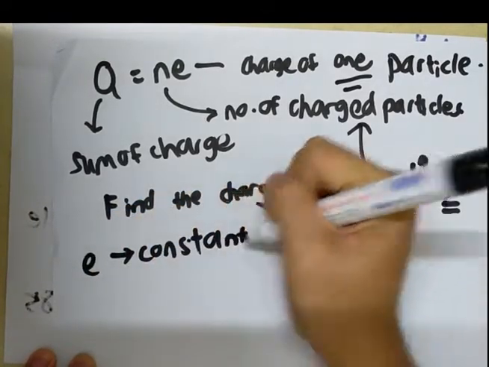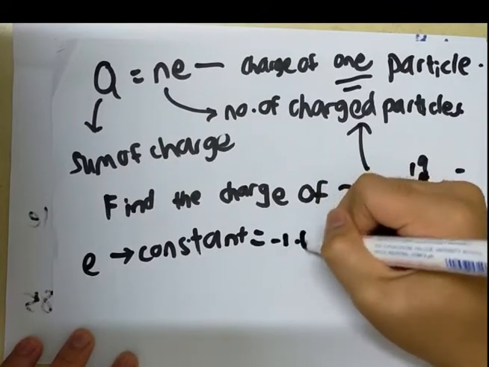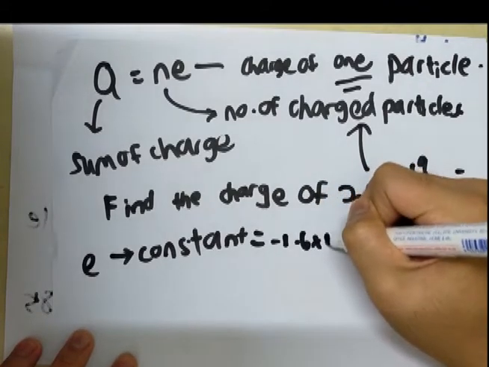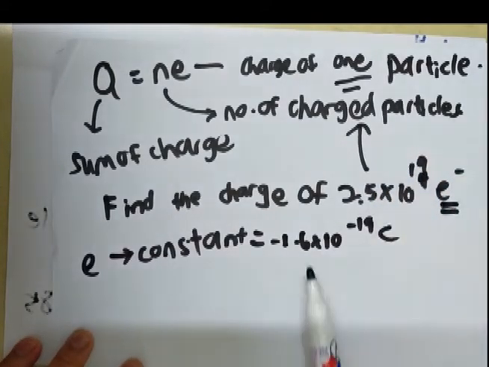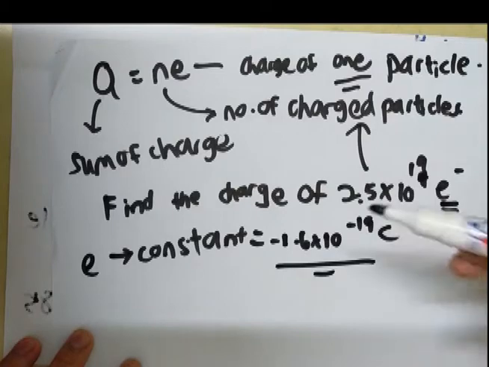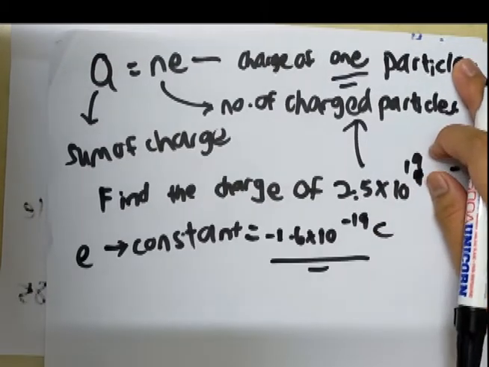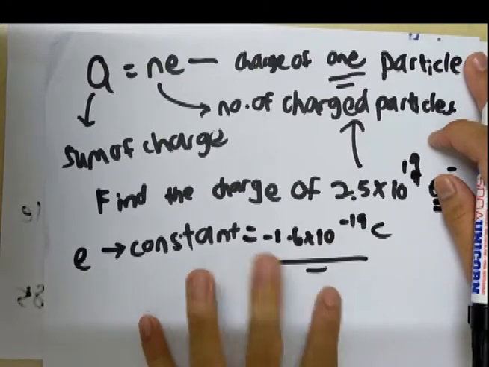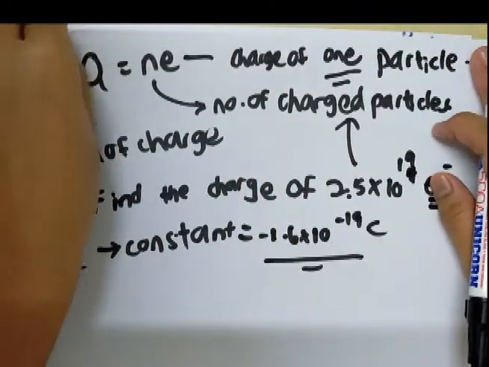It's a constant value of negative 1.6 times 10 to the power of negative 19 C. You don't have to memorize all of this, but if they ask, they will give it to you. I don't really see it asked much in the IG questions.